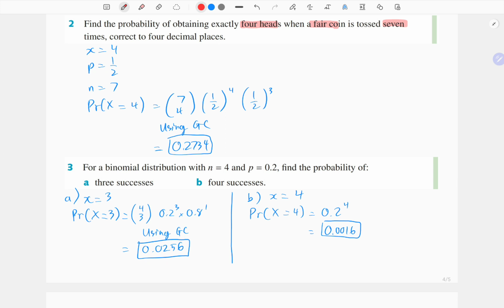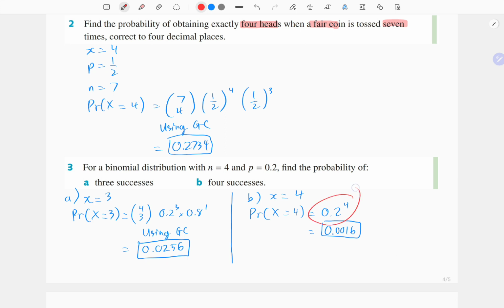Yeah, so normally, if it's doable, you should convert that into decimal. Yeah, 0.0016.